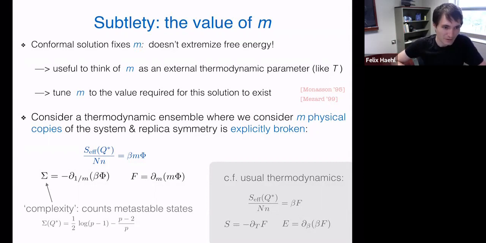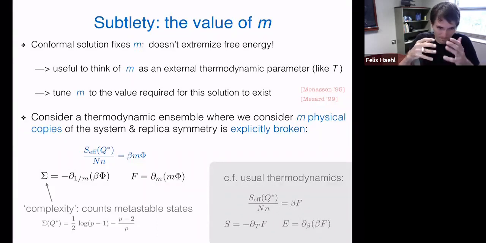And the value that you find doesn't extremise the free energy. So it does not satisfy this extremization criterion that I had before. In fact, it's useful to think of this block size m as some external thermodynamic parameter. So that's one way to think about how this happens and why this makes sense.